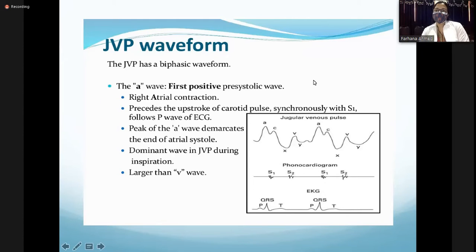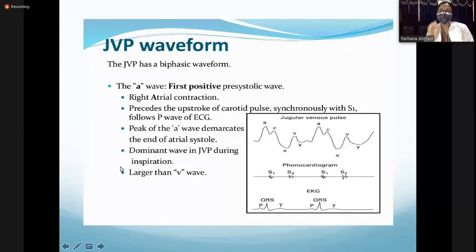You can convert what you find in the examination, which is in centimeter of water. That is, if we find the JVP distance is 4 centimeter, then adding 5 centimeter, it is 9 centimeter of water, which is equivalent to 7 millimeter of mercury. You can convert centimeter of water into millimeter of mercury by dividing it by 1.33.